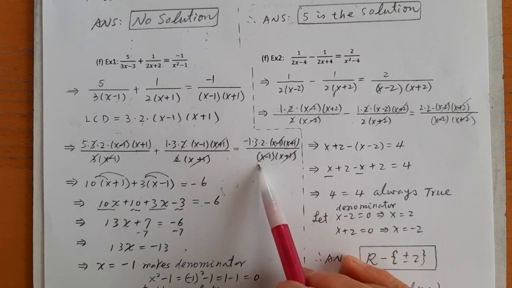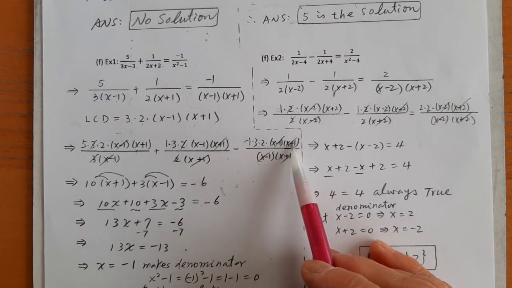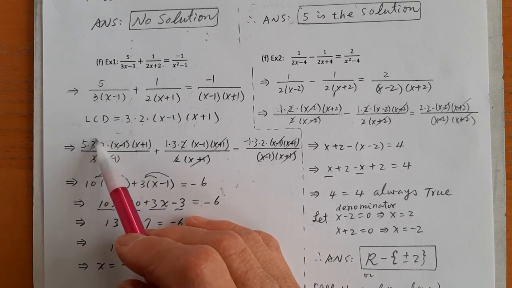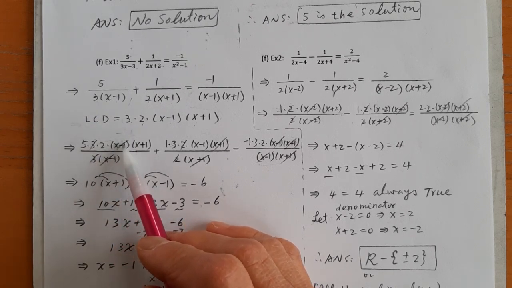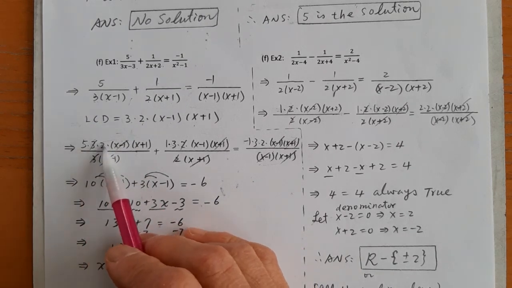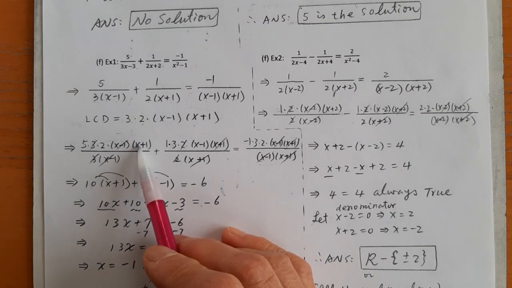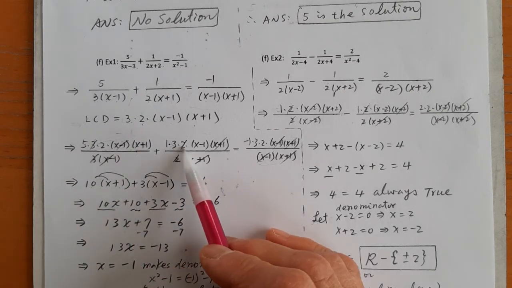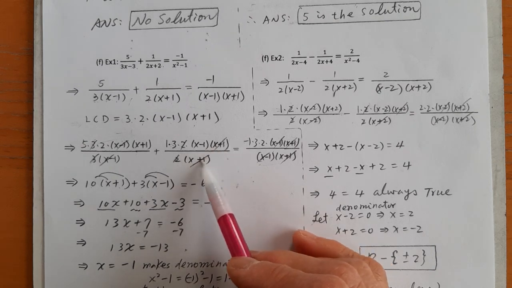Negative 1 over the denominator times the LCD. Then cancel common factors. 3 cancels. x minus 1 cancels. 5 times 2 is 10, and x plus 1 remains. And 2 cancels, x plus 1 cancels.